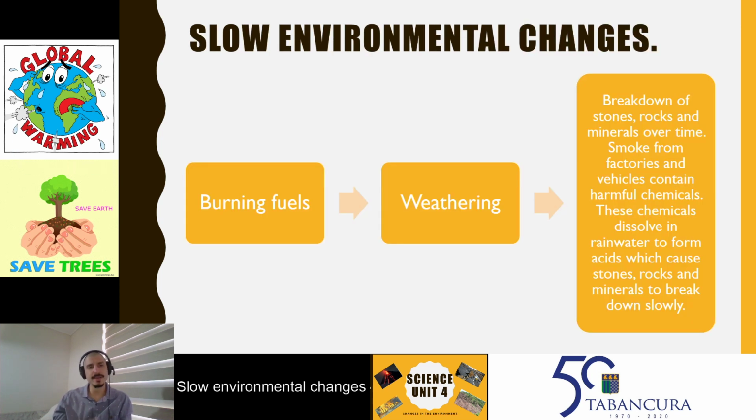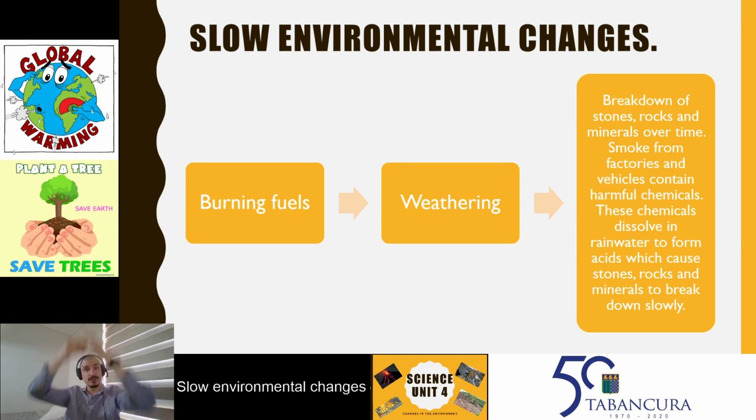And finally, burning fuels causes weathering due to acid rain. What is this? When you burn fuels, carbon dioxide and other chemicals are released into the air. They mix with the water from the clouds, and those chemicals dissolve into the water.